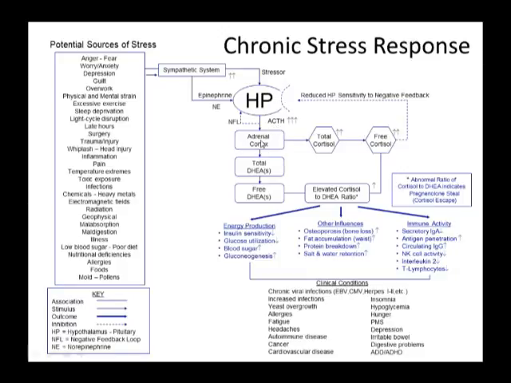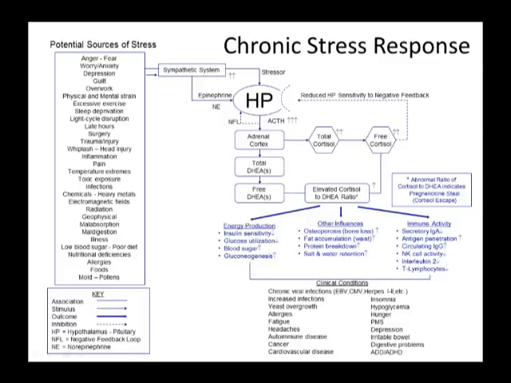That ACTH tells the adrenal glands to produce cortisol, and then we normally should get a shut-off mechanism. The problem is when the situation is chronic and the stimulation is chronic over time, the cortisol values start to go up and up and up, and the hypothalamus, after a while, becomes numb to the noise. It stops paying attention, and this system is just kind of stuck in this loop.